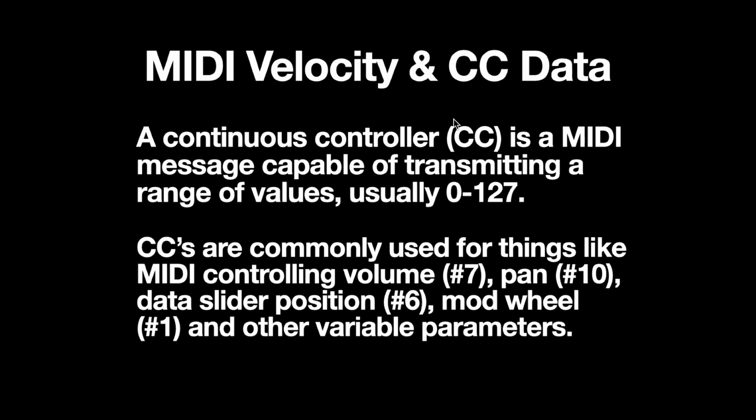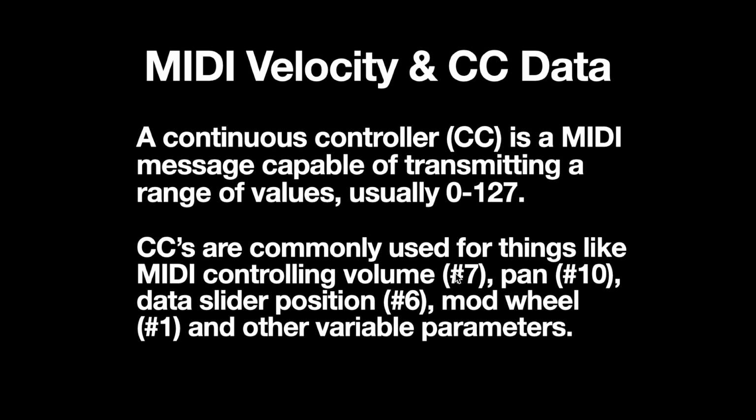It's a format that you can manipulate yourself. So, for example, continuous controllers are usually things like you can control your MIDI volume. So if you had a slider on your piano, you could assign it to MIDI controller volume number 7, and that's the normal controller number for MIDI volume.